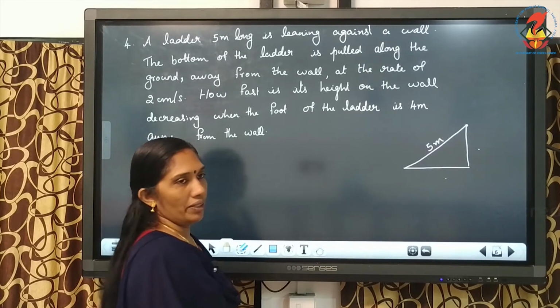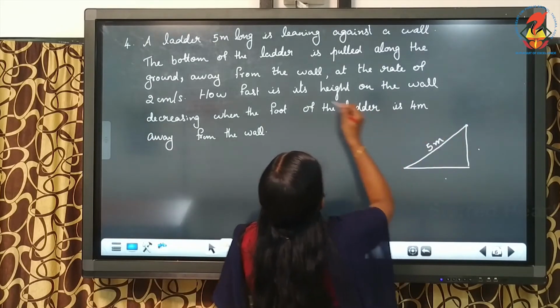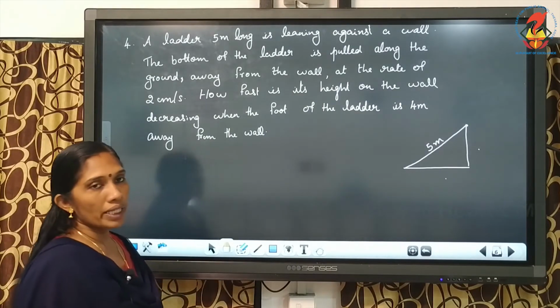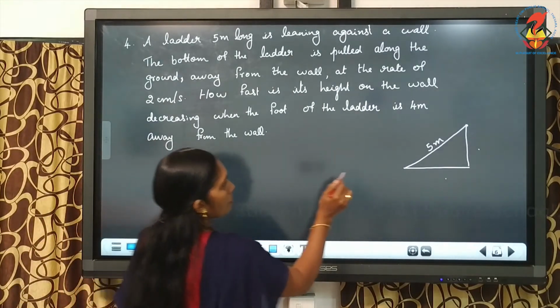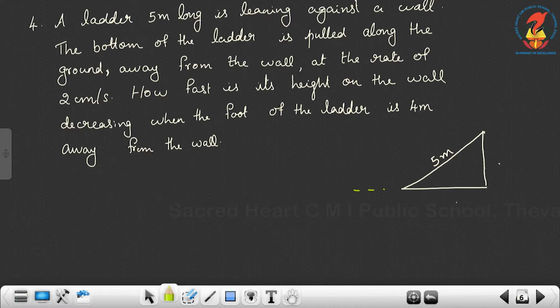Then what we are doing? This ladder is pulled along the ground away from the wall. So, extending this floor.